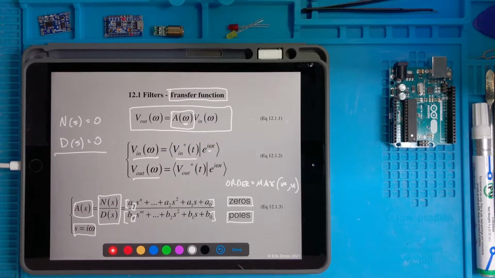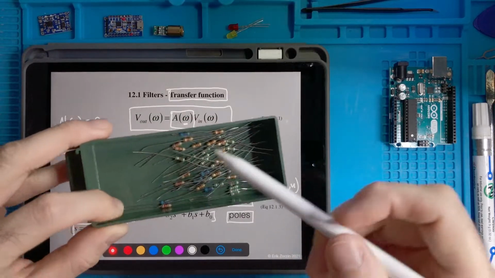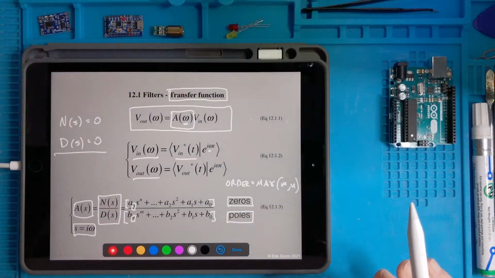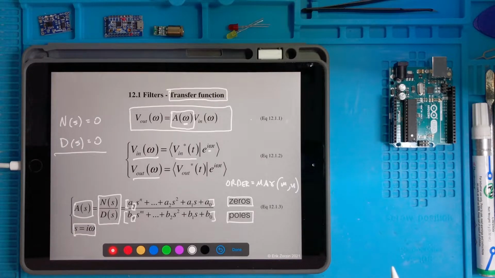So why do we want to study such kind of transfer functions? Because it turns out, we don't demonstrate this, that when you assemble circuits made of lumped elements, which means discrete components connected together, so a network of components connected together, then the transfer function is always a rational function.